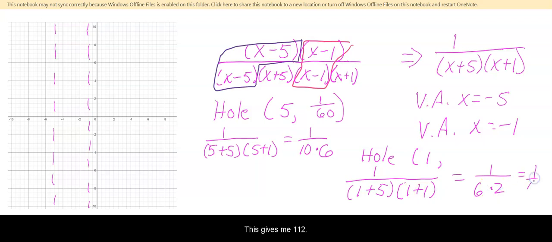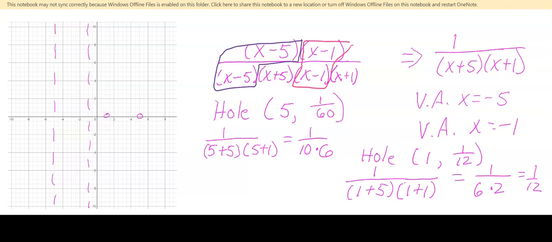This gives me 1/12. These holes are extremely low. That means the holes are practically sitting on the x-axis, but not quite. So at 5 I have a hole, and at 1 I have a hole that's just a little bit higher than that one.